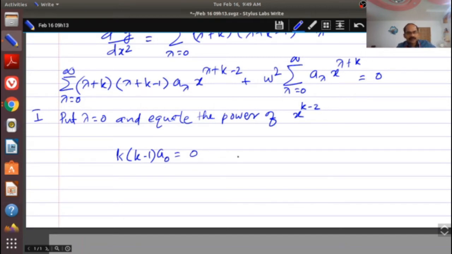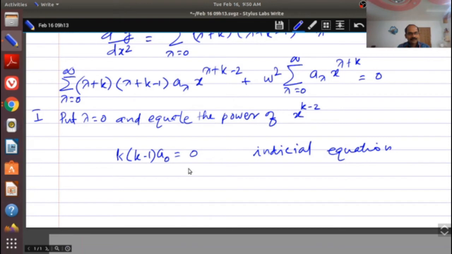this equation is called the indicial equation, which you got by equating the lowest power of x after putting lambda equal to 0.